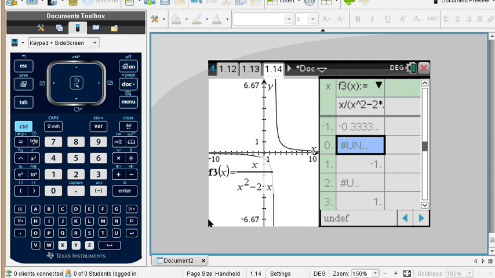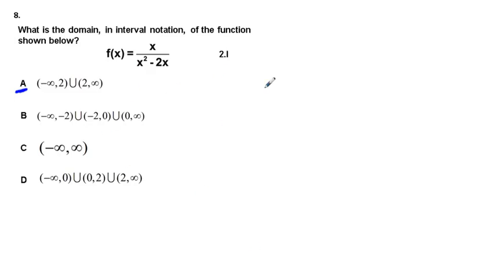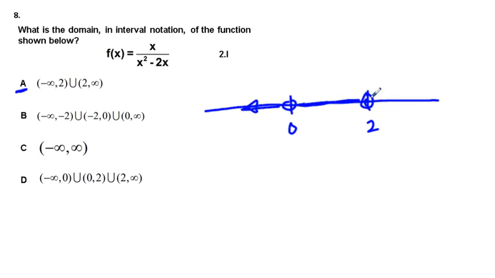That separates the domain into pieces, with discontinuities at 0 and 2. Everything in between, and less than 0, and greater than 2 is in the domain. Where that fits in the answer choices is answer choice D.